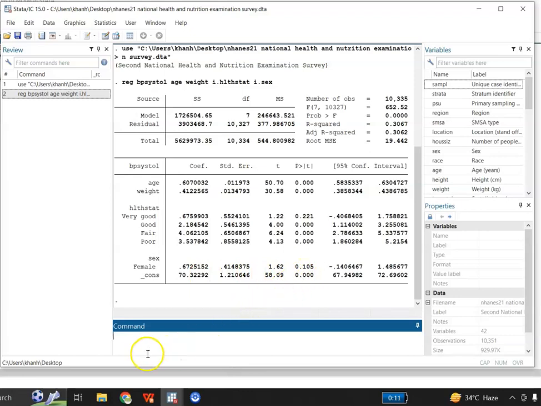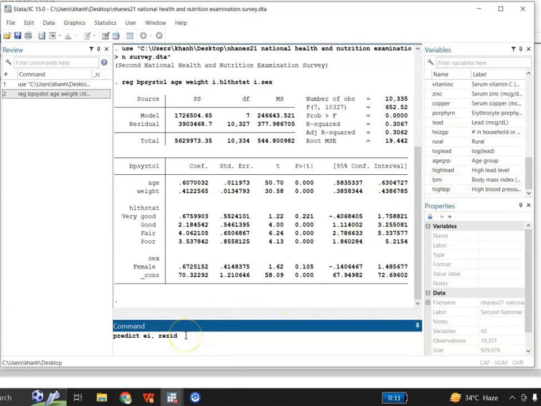Now first of all, if I want to test various assumptions of this model, I will first predict the residual for this model. So I will write predict ei, resid, that is, I am telling STATA to predict the residual for me. This is the last variable in this file.